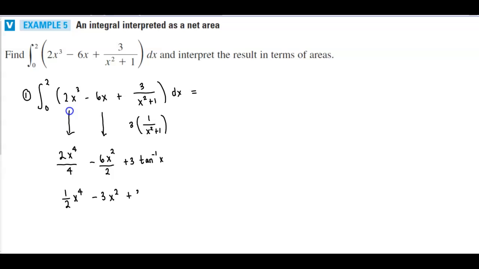So this becomes plus 3 times the tangent inverse of x. So now let's go ahead and write this here. What we have is 1/2 x to the fourth minus 3x squared plus 3 times the tangent inverse of x. And we're evaluating this from 0 to 2.